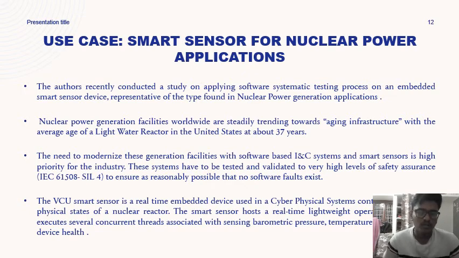The need to modernize these facilities with software-based I&C systems and smart sensors is a high priority for the industry. These systems have to be tested and validated to a very high level of system assurance to ensure, as far as reasonably possible, that no software faults exist.